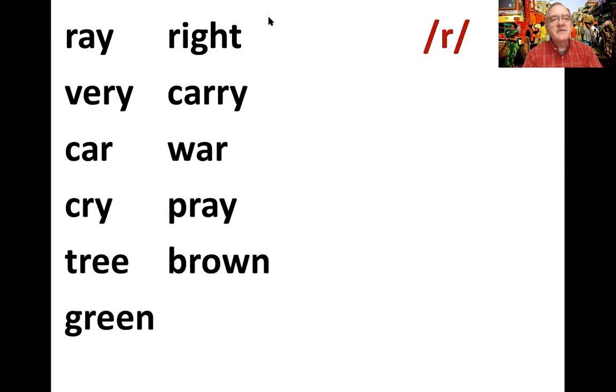Please repeat with me. Ready? Here we go. Ray. Right. Now say them faster. Ray. Right. Now don't say the Japanese R. Okay. Ray. Right.